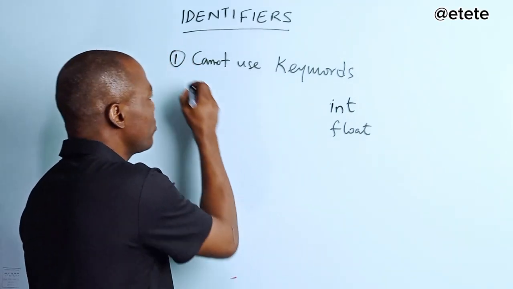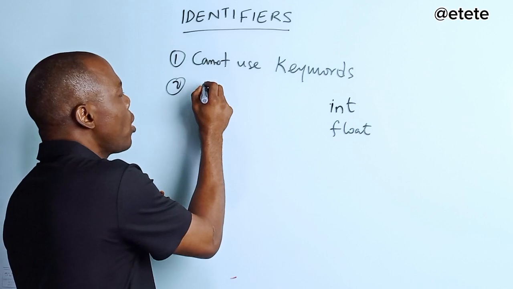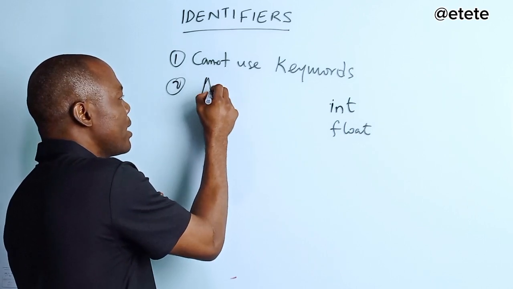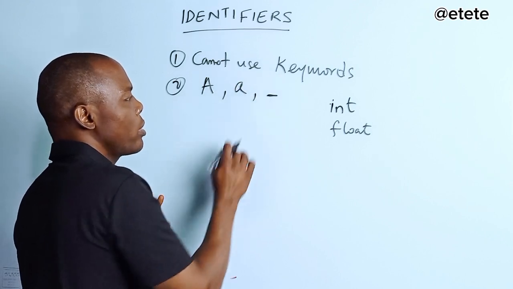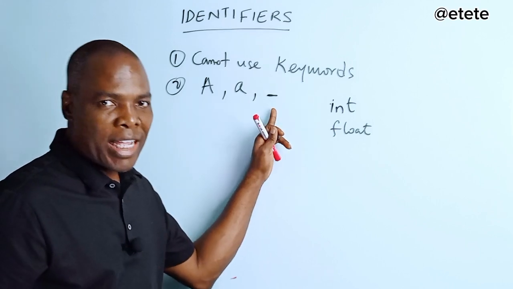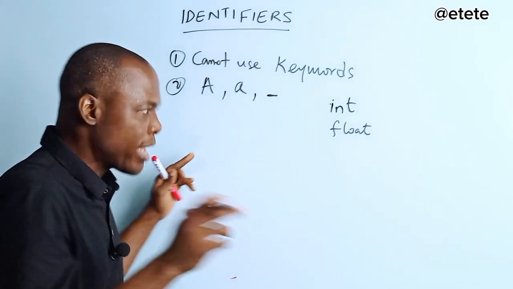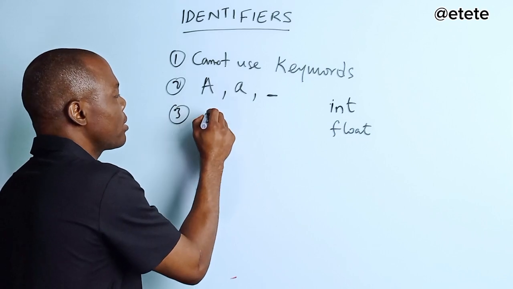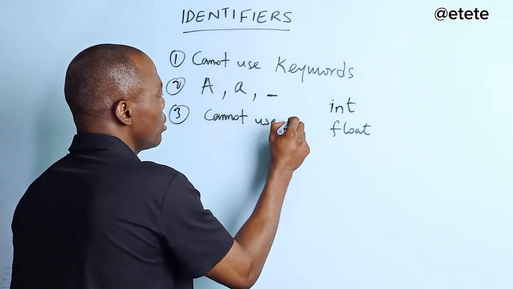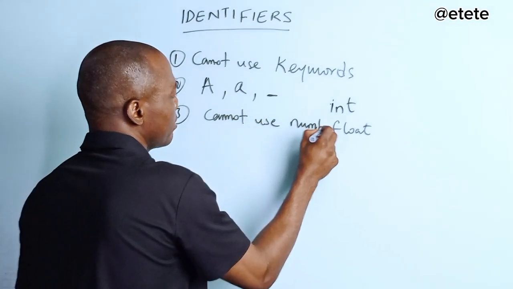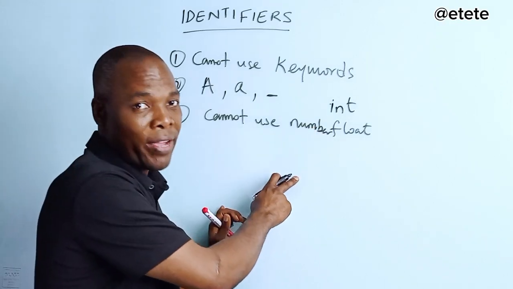Identifiers always start with an underscore, an uppercase letter, or a lowercase letter. You can start identifiers with any of these. You cannot use numbers to start an identifier, right?